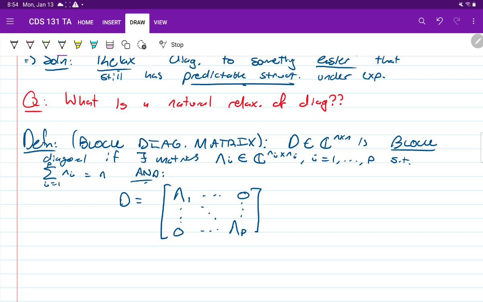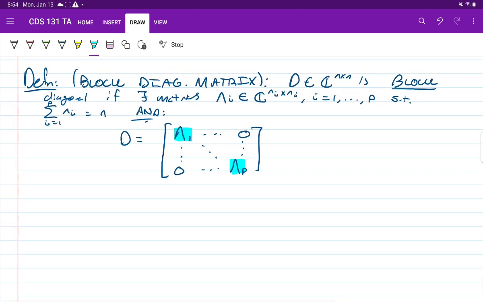Okay, so a matrix is block diagonal if we can write it in this block structure, right? Each of these lambda_1 through lambda_p is actually a matrix itself. Each of these individual blocks could have any structure out there; we don't enforce that they be diagonal, all right?